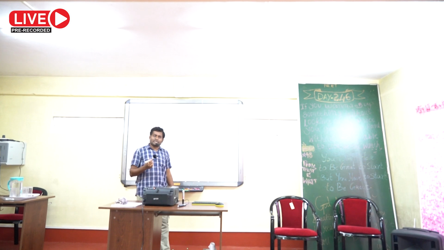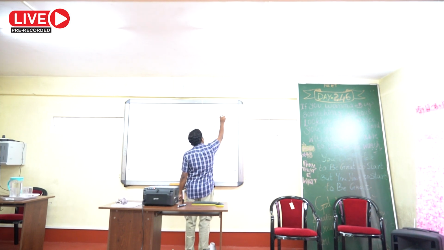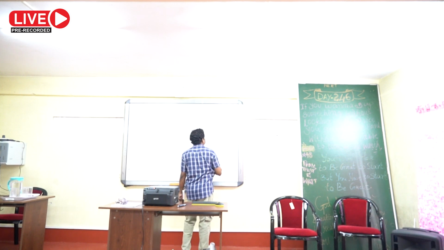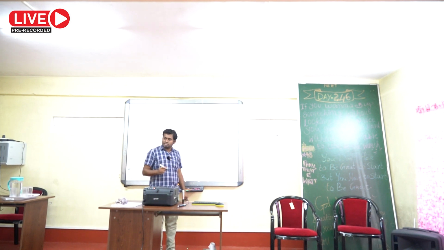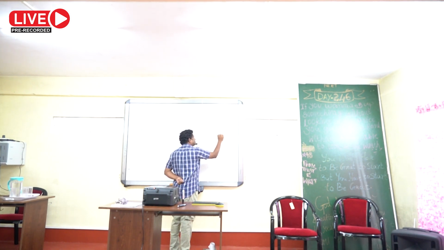Then about any other axis which is passing parallel to this axis, through any other point P, if the body has a moment of inertia IP and the perpendicular distance between these two axes is d, then IP can always be written as IC plus the total mass of the body, m, into d square.